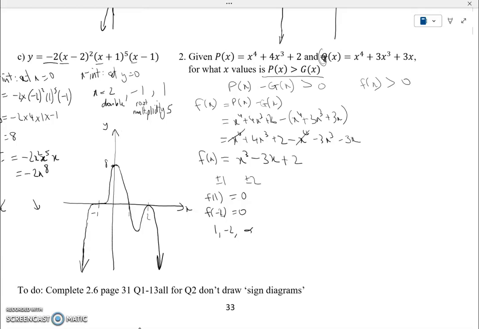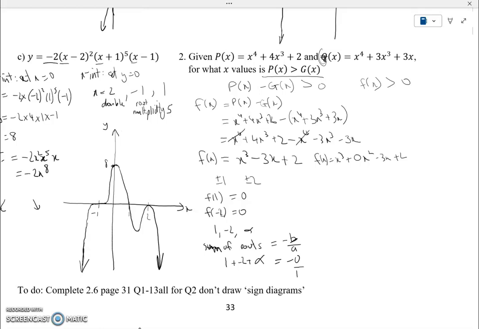To work out alpha, we'll use the sum of the roots, but be careful, remember there's a 0x squared there. So sum of roots is minus b on a. Here, b is 0. So 1 plus negative 2 plus alpha.